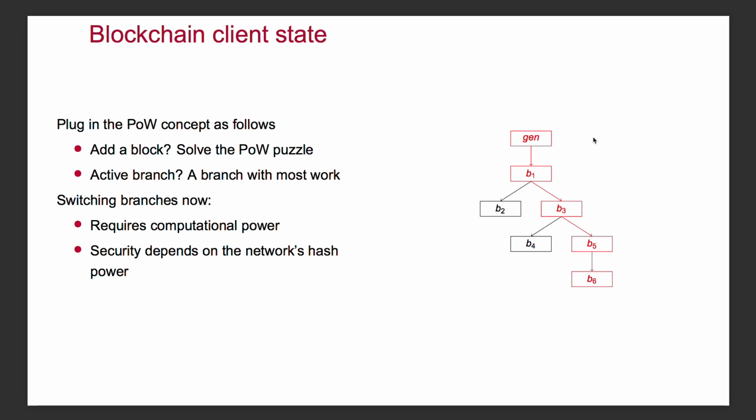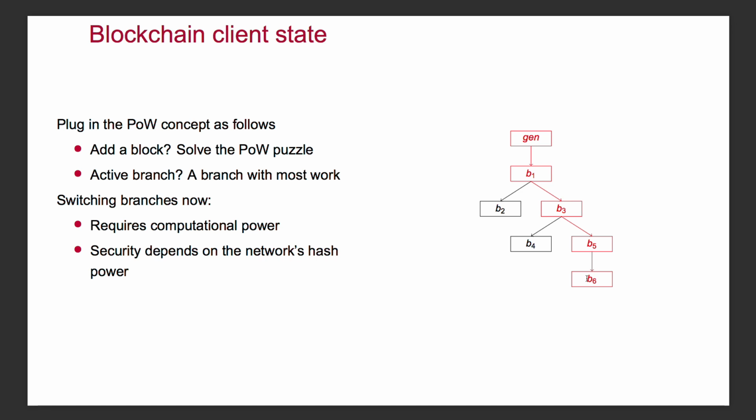So the ledger will be considered the branch with most work. And we can calculate how much work has been put in this branch. And if that amount of hash work or proof of work puzzle work is more than other branches, then that's the active branch.